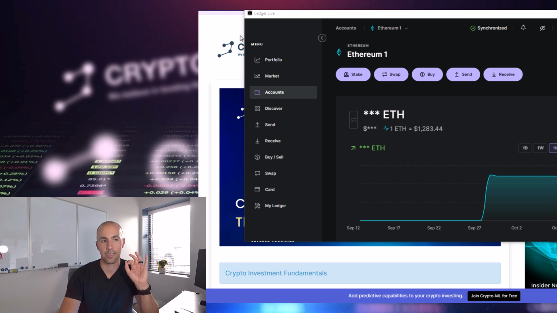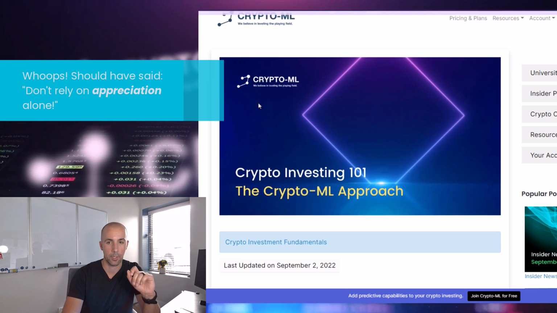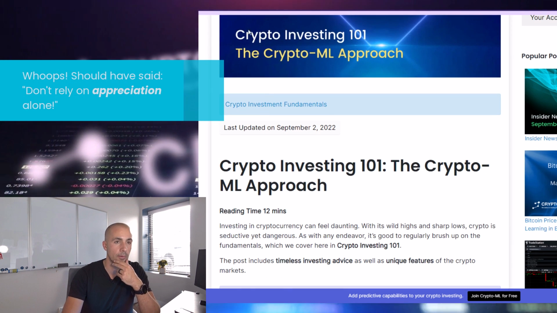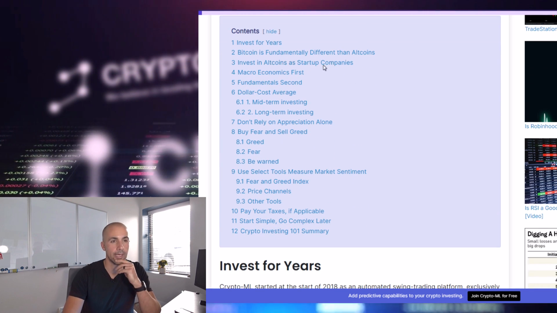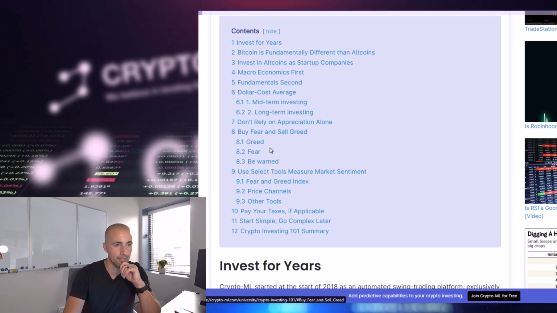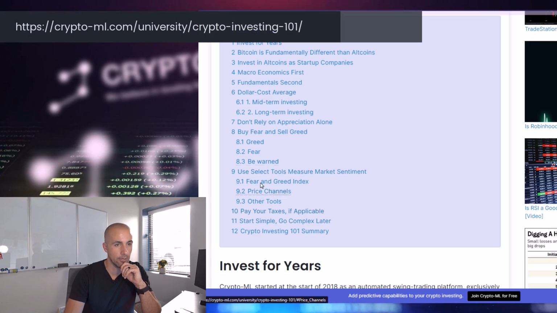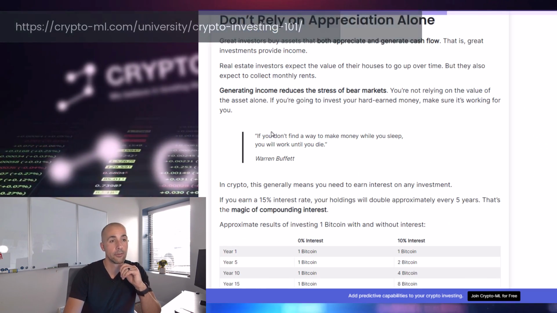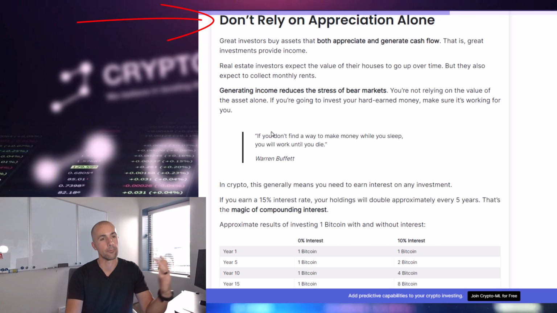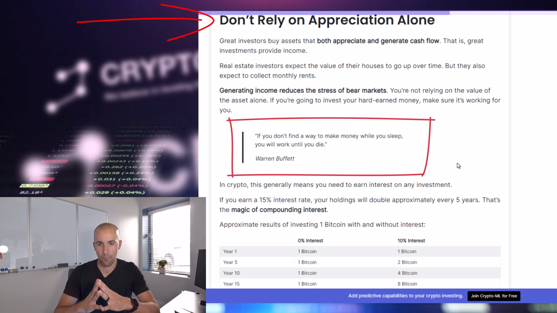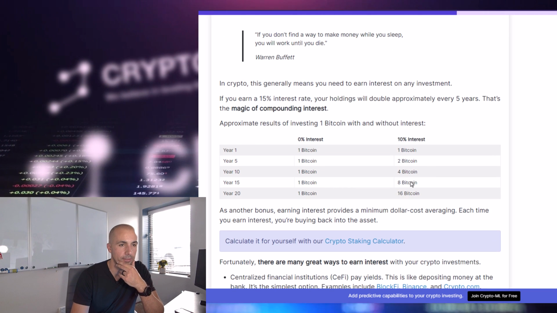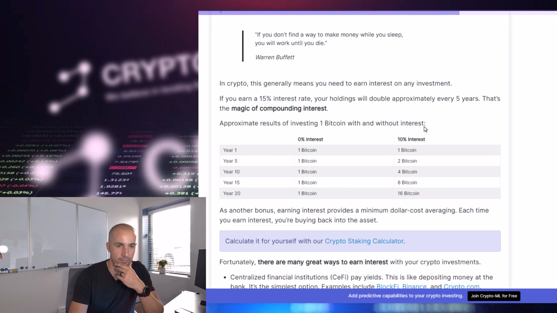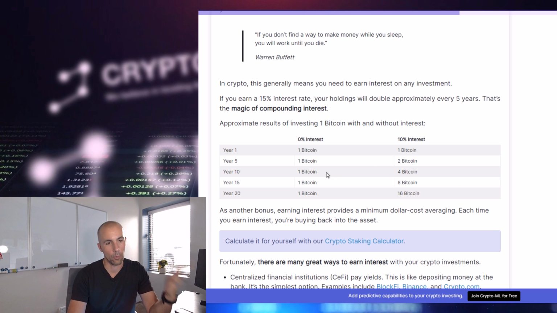First off, you should never rely on interest alone. That's one of the key pillars of our crypto investing 101 approach. So as we come down here, we have a variety of different concepts that should be considered in order. And right here we have, don't rely on appreciation alone, along with this great quote from Warren Buffett there. So basically what this means, if you were to just hold, we can look at this example of 10% interest on one Bitcoin.